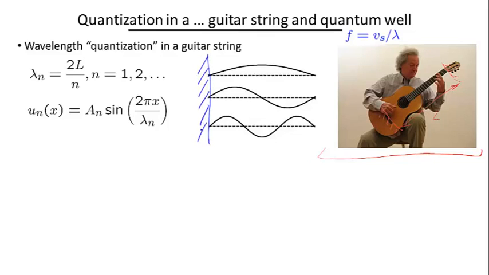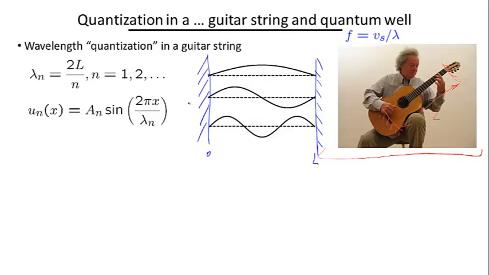This is our 0 and this is our L. The hard walls in this context essentially mean that the string cannot oscillate here. So the displacement, let's call it U, from this horizontal axis is exactly 0 at x equals 0 and x equals L. In other words, we must have nodes at these endpoints.